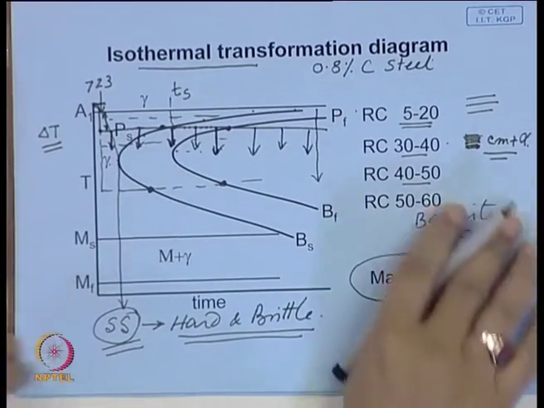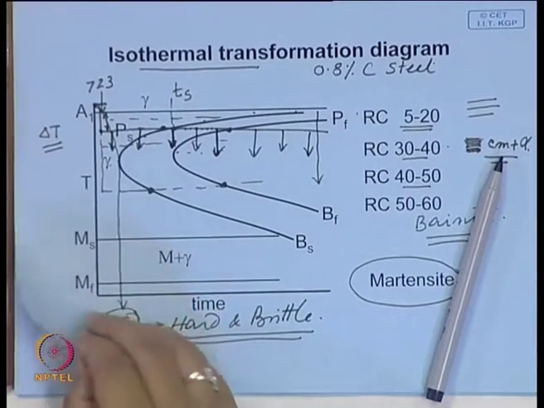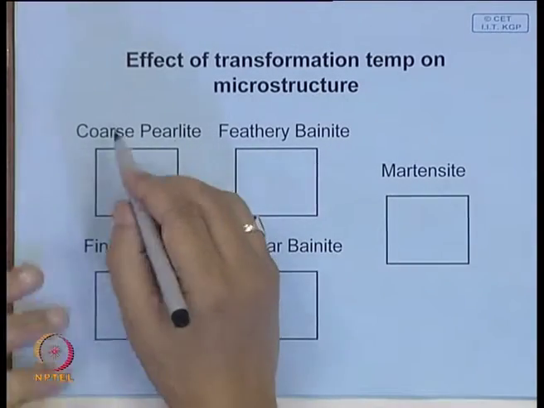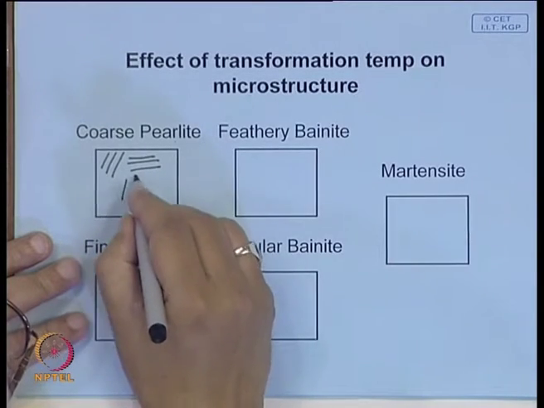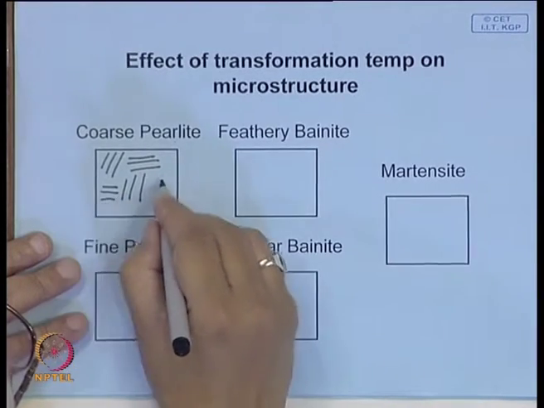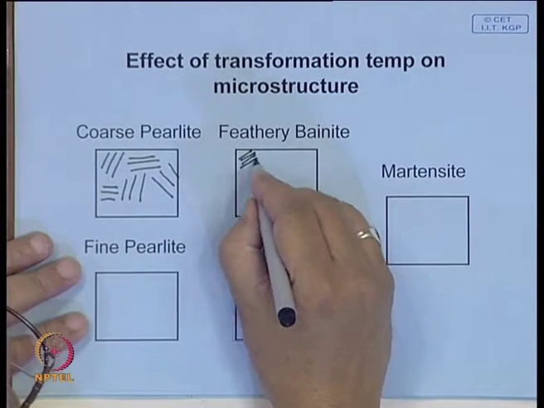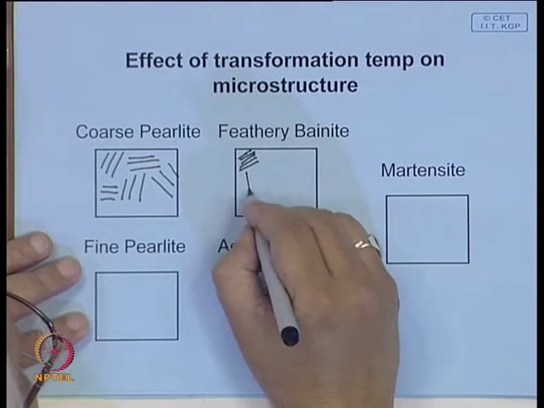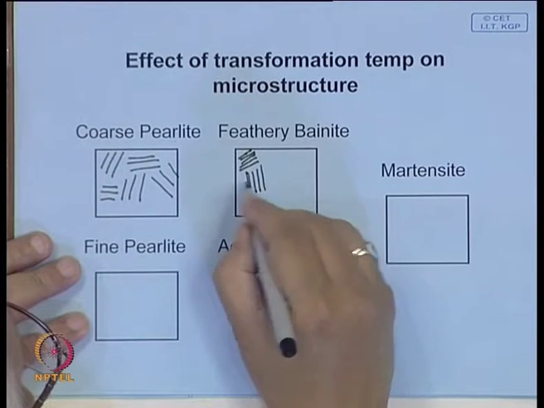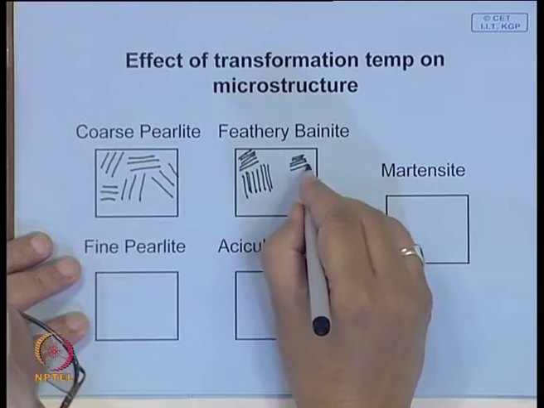And now, let us quickly look at the little differences in this. We have just seen coarse perlite, a perlitic structure. In fine perlite, the plate distance, cementite to cementite plate distance, will be much smaller, something like this.